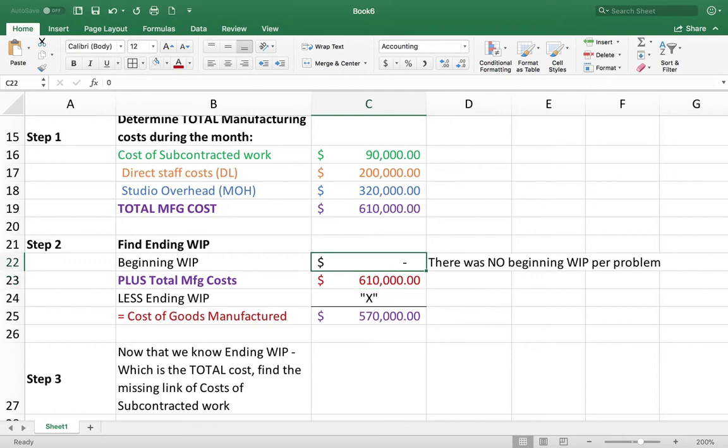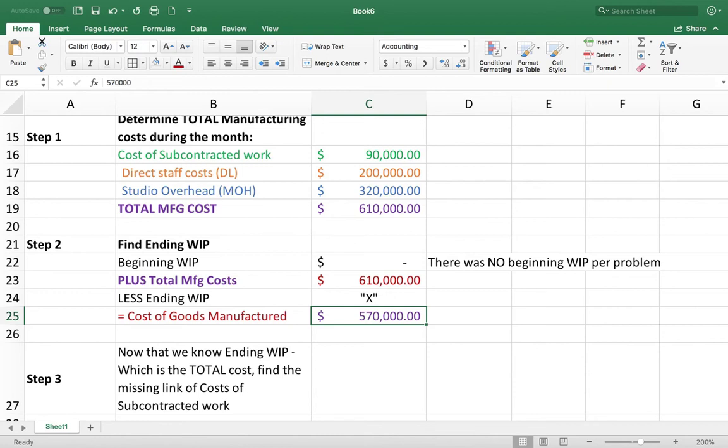They said in the problem there was no beginning work in process, so I simply add the total manufacturing costs that we added up over here, and we just need to figure out what our ending work in process is. So how do we read this? Really, this is what we started with, this is what is in process, this is what is still in process, meaning this is really what moved out.